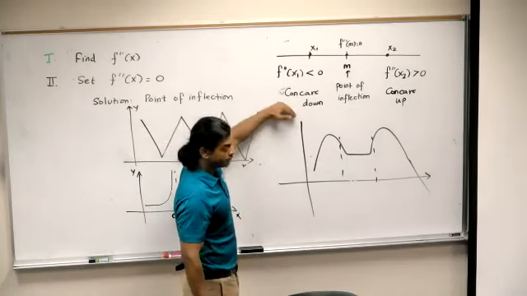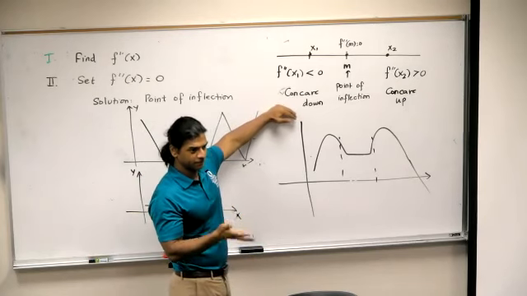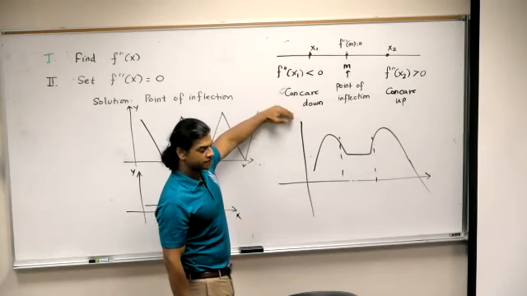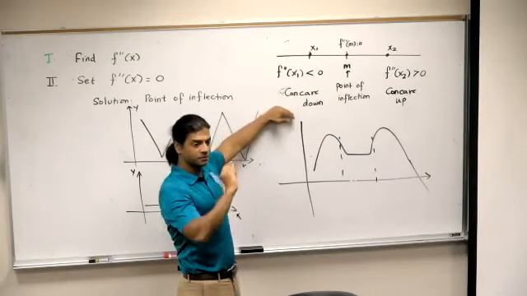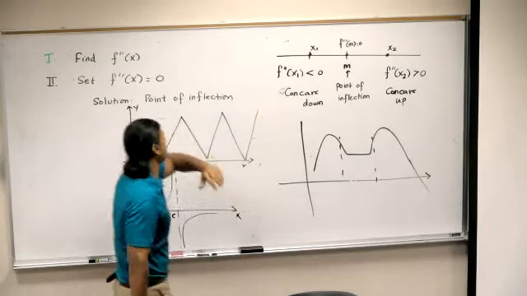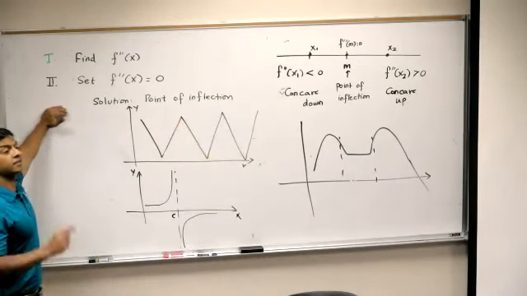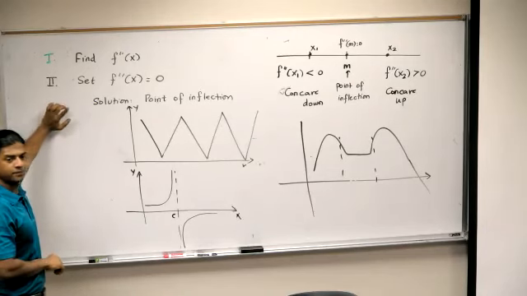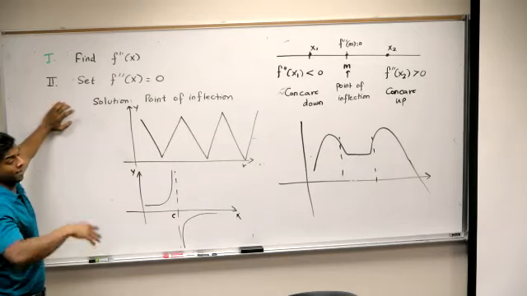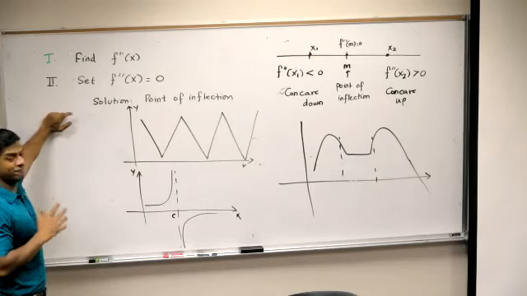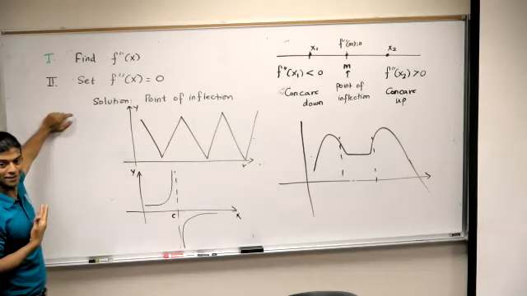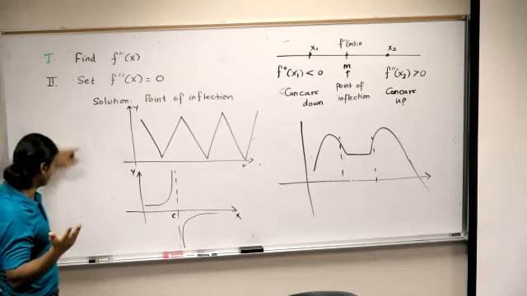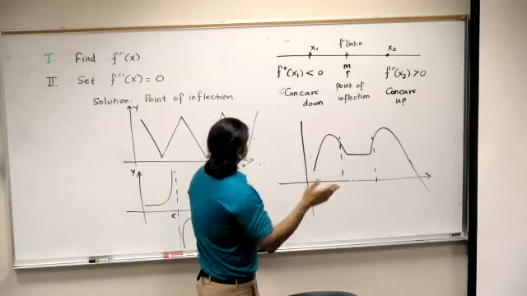But you should not plug this into the original function. Second derivative test, you have to plug the test points into the second derivative. First derivative test, you have to plug the test points into the first derivative. Good? Now, after all these years, I have made that mistake occasionally. So be careful. Are we clear?